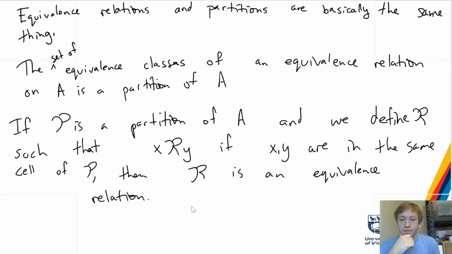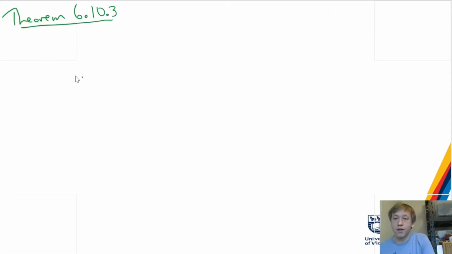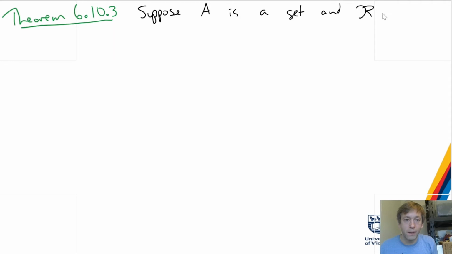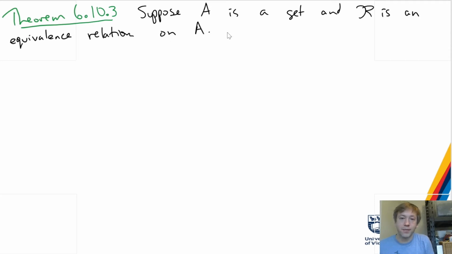So let's prove a theorem which is going to explain this more formally. This is called Theorem 6.10.3, and it says the following. Suppose that A is a set and R is an equivalence relation on A. Then, for any x in A, x is in the equivalence class of x.